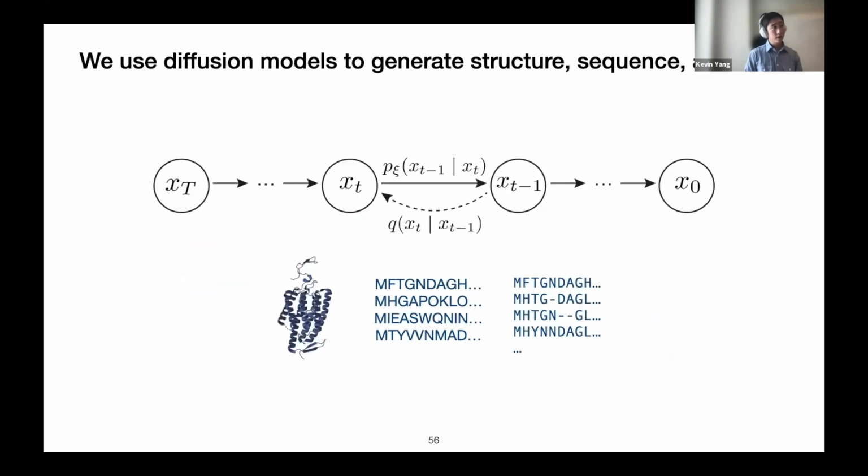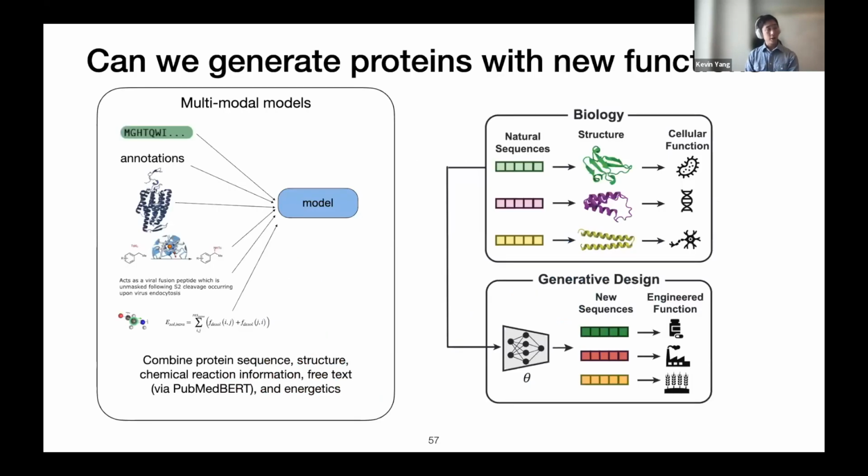All right, to summarize, we've used diffusion models to generate structure, sequence, and MSA. Ultimately, no matter what you start with, if you want to make things in the lab, you always need sequences. This is why it's exciting that we can do this on sequences directly now. Looking ahead, our goal is always to generate proteins with new and useful functions.